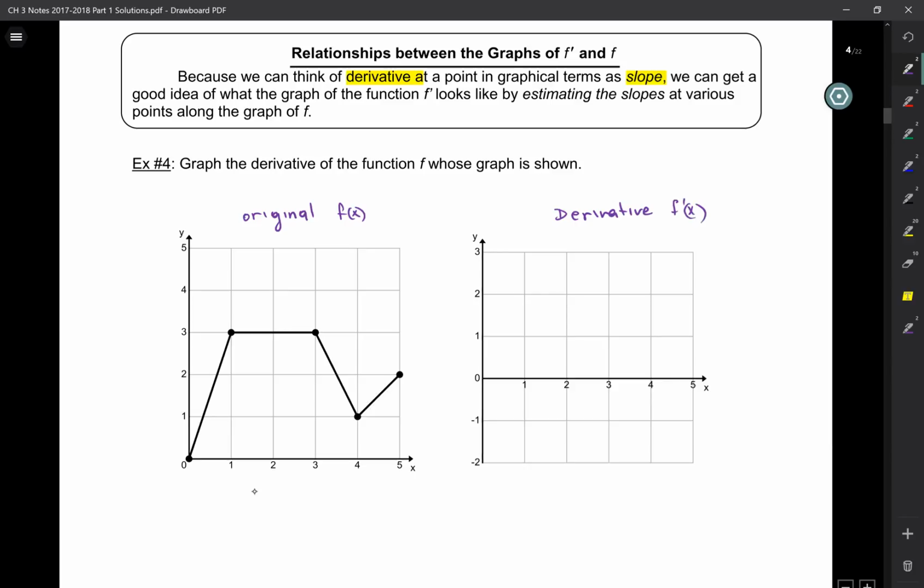So if it's a function like this, where it's just got linear functions, we can find manually what the derivative will look like because it's just the slope of all of these.